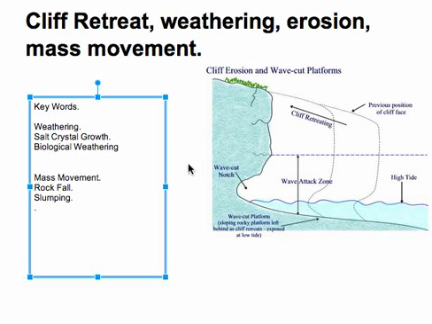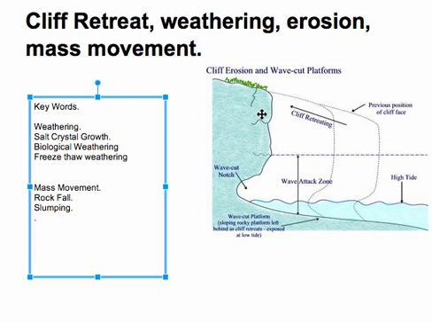We've also got salt crystal growth, because you'll get a spray of salt onto the rock, and that will also help to break open the rock as well. One thing that is not in this list, and we'll just add it there, of course, is freeze thaw weathering. We'll just add that to the list there, and that's where ice starts to form in the cracks, and as you know, ice expands and that will gradually crack open the rocks.